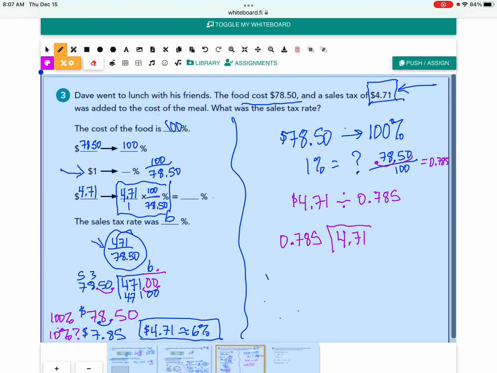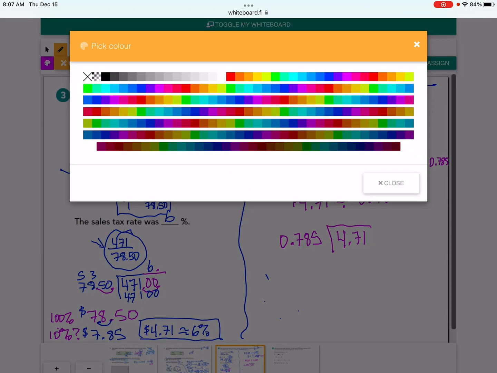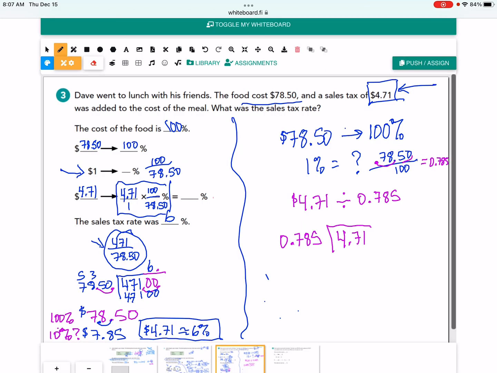And we're going to move those decimal points over because we want to get rid of them. We're moving it over 3 places, and then we forget about it, right? Now I'm asking myself, how many times does 785 go into 4,710? And the answer, well, we already know it's 6, right?